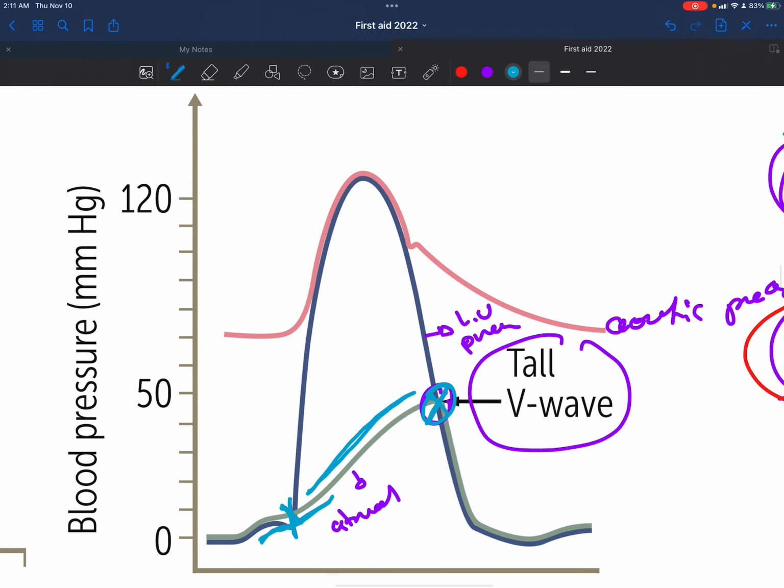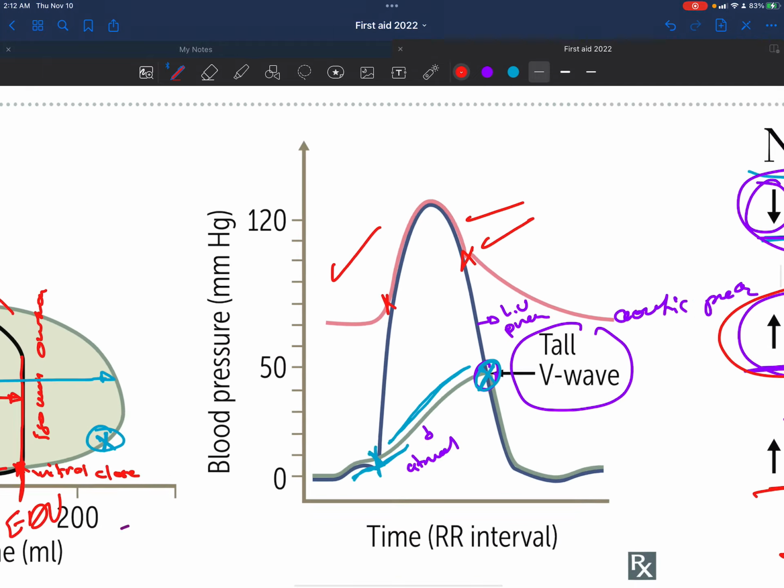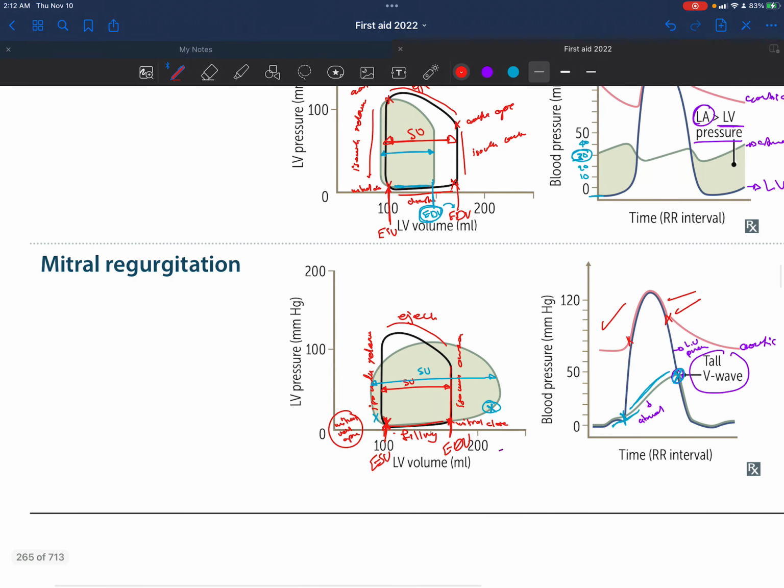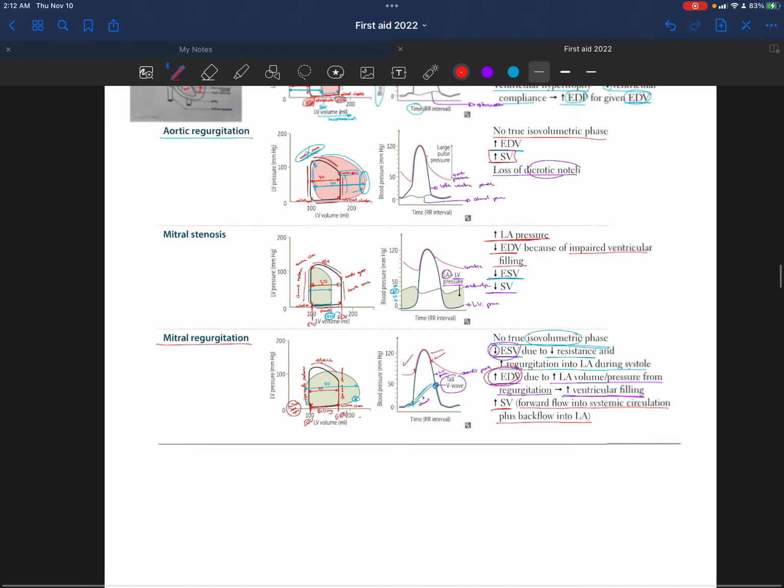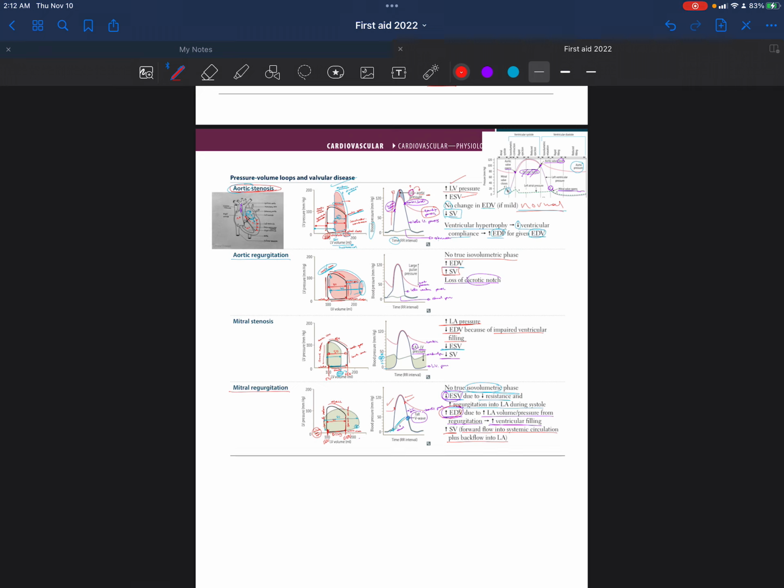When it comes to the aortic pressure, it's completely normal. We have an aortic valve opening and an aortic valve closing. Our problem this time is with the mitral valve because we have mitral regurgitation. And that should be it for this page.